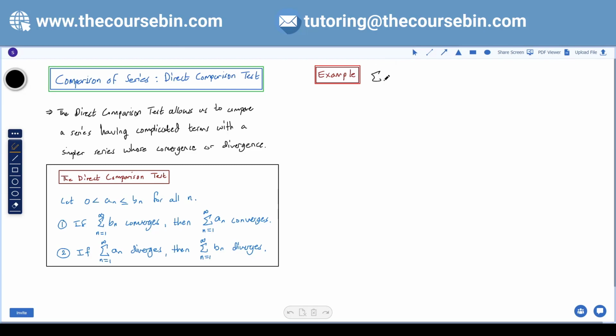Okay, so here we're going to have a sum. We have the sum from n equals 1 to infinity of 1 over 2 plus 3 to the power of n. Okay, and we want to determine the convergence or divergence of the series.